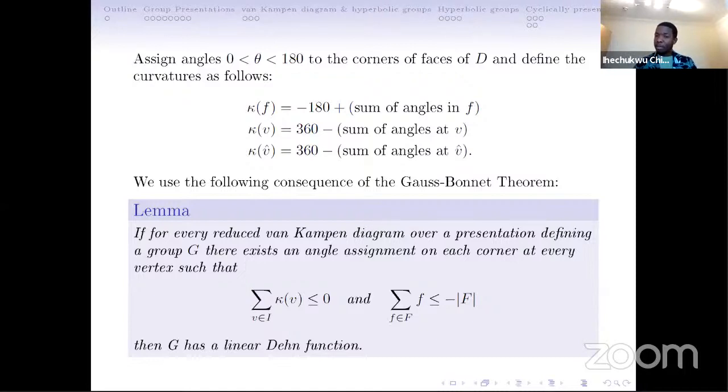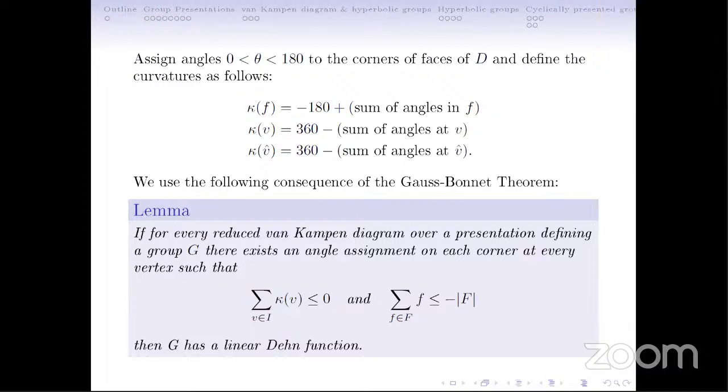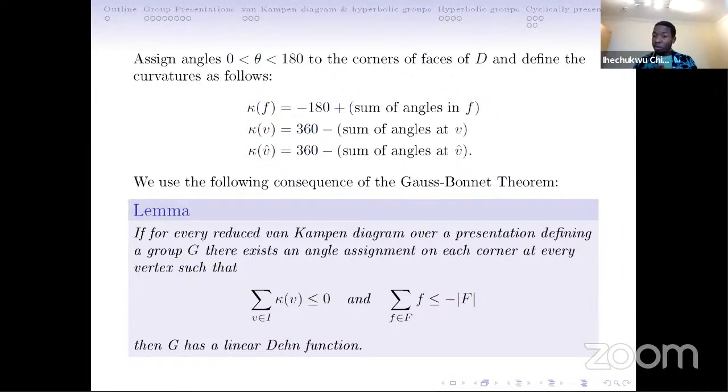So it's a planar, it's a topological disk, and I can use curvature arguments. The Gauss-Bonnet theorem tells us what the sum of the curvature of such a figure is. It's the Euler characteristic times 2 pi. This is how I describe the curvature of a face.